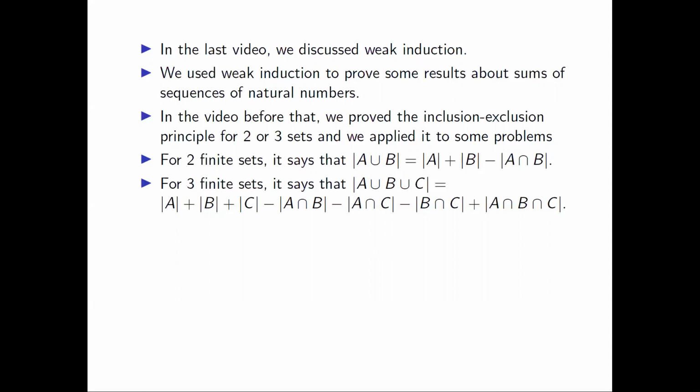And we proved both of these versions of the inclusion-exclusion principle. The versions for 2 and 3 sets, we proved those in a previous video, and we applied them to several problems involving groups of students in schools. So any problems where you can model them with sets, it may be useful to use the inclusion-exclusion principle if you're trying to find the size of certain groups in your problem.